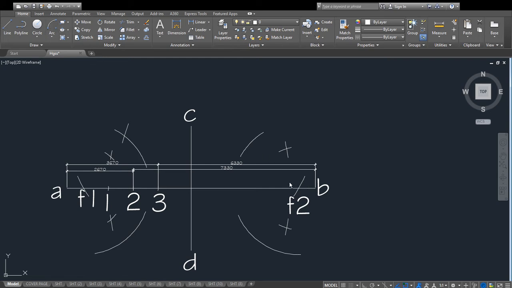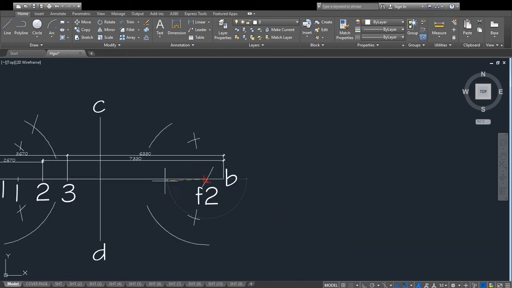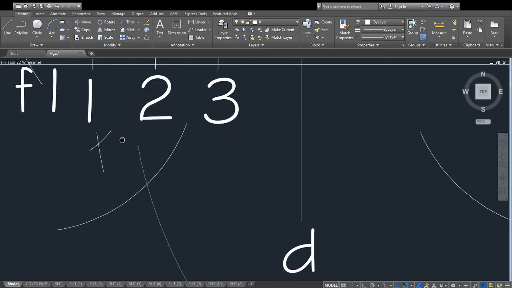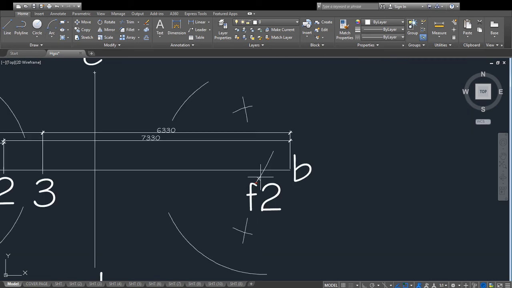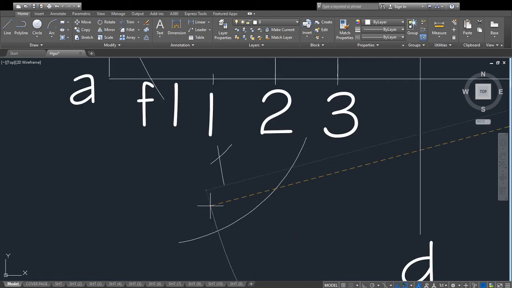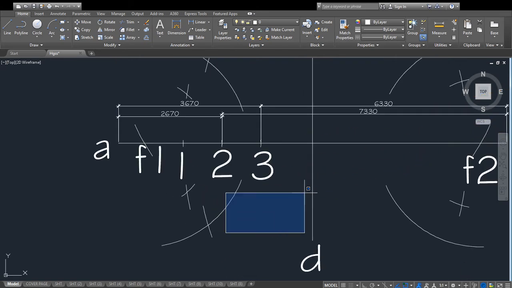Pick our arc again, come to F2 with the radius of 7330. F2, you come here, 7330, enter, you draw this arc.